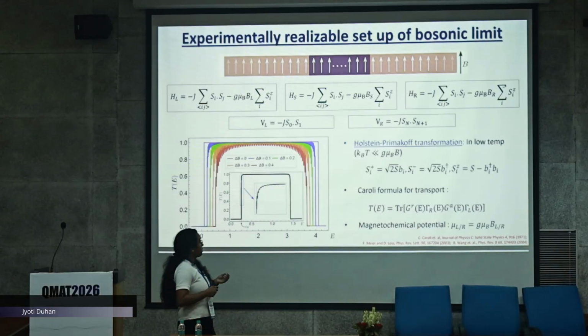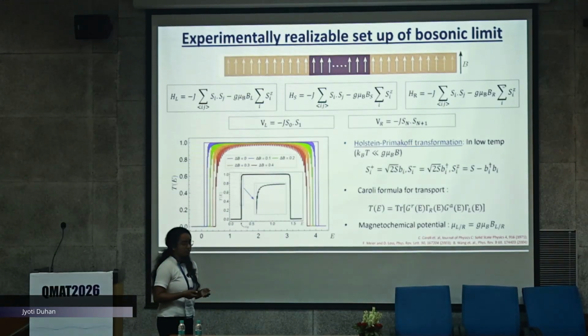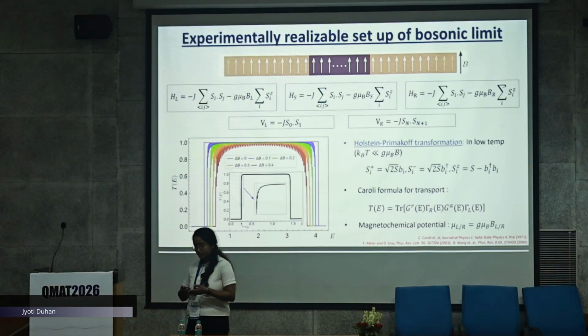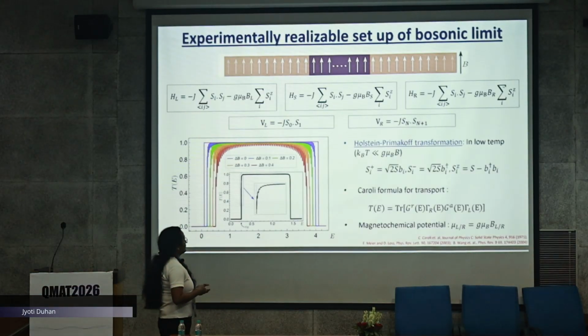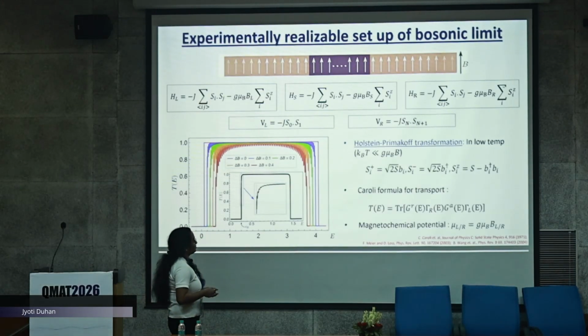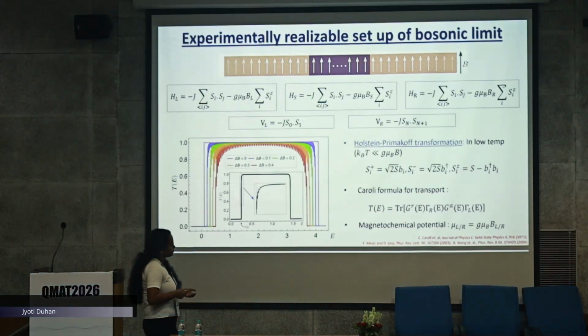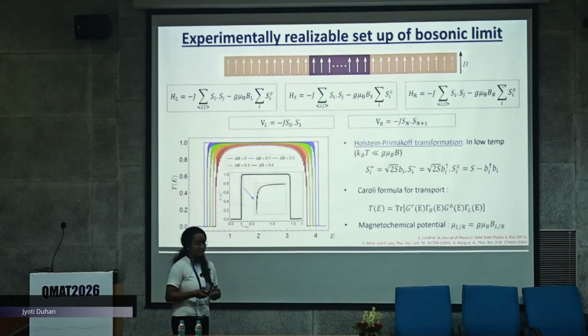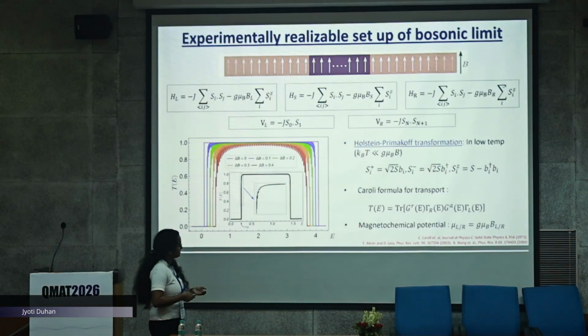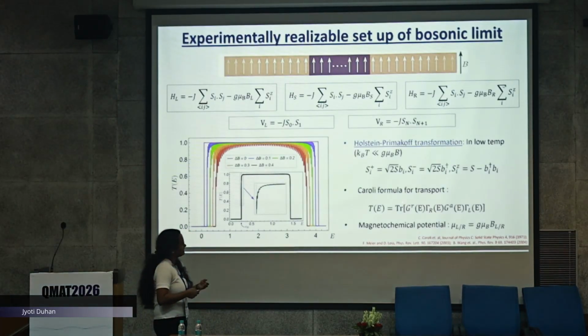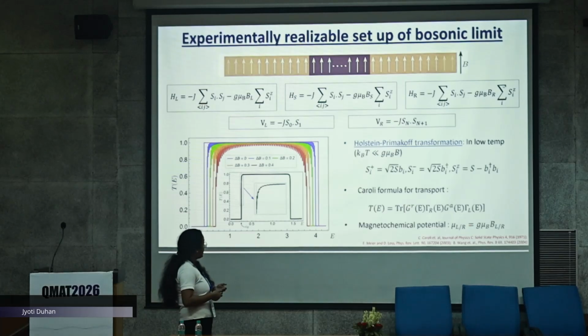If you perform a Holstein-Primakoff transformation, it allows us to convert the spin excitations into bosonic excitations, and with that we calculate the transmission function following the Caley formula for transport, and we take the magnetic field. This is the relation of the magnetic field, which can be taken as the magnetochemical potential.